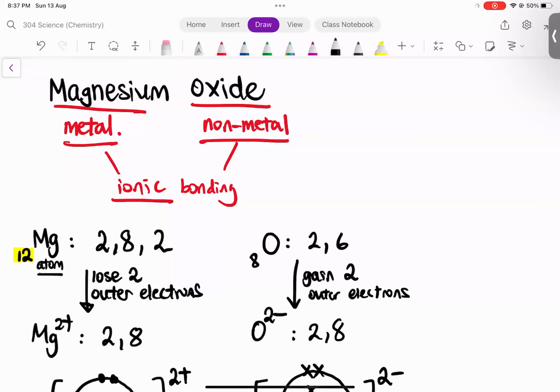Therefore, the electronic structure is 2, 8, 2. 12 electrons in total for the atom. However, 2, 8, 2 means it has 2 electrons in the valence or outer shell. This means that magnesium atoms are not stable. Magnesium atoms will therefore lose 2 outer electrons to form Mg2+ ion.